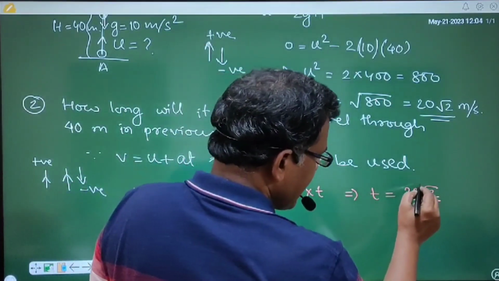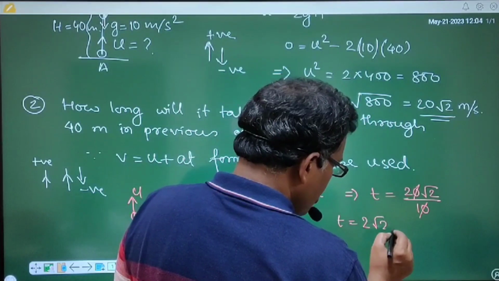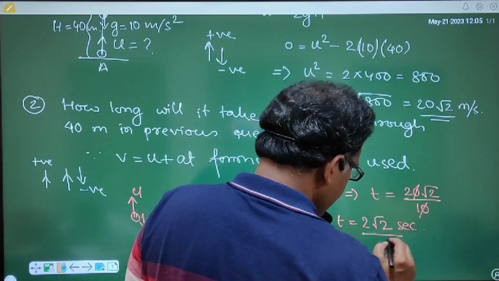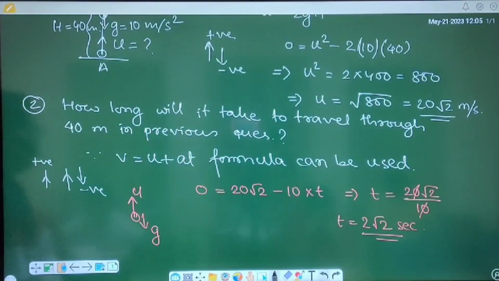Solving this, I can cancel out, and time I am getting is 2 root 2 second. So it is taking 2 root 2 second to travel through 40 meter as per the previous question. Is that okay?